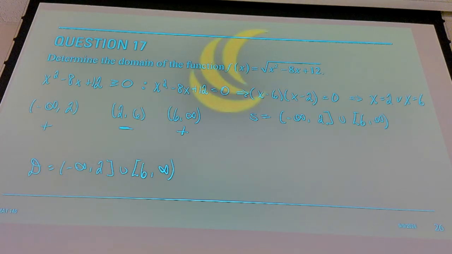That would be your interval notation for the domain. Set notation: the set of all x such that x is less than or equal to 2 or x is greater than or equal to 6.